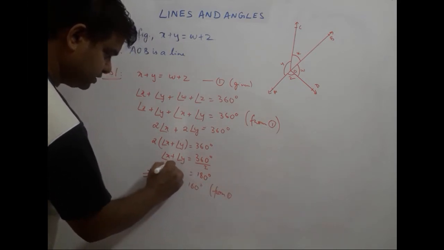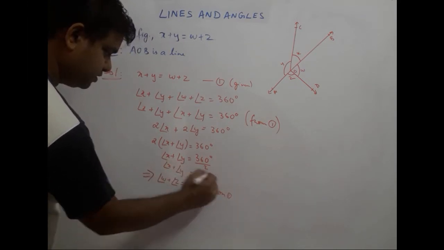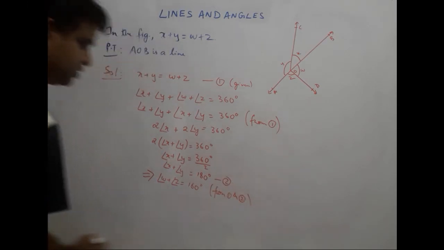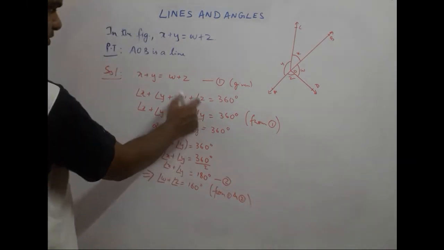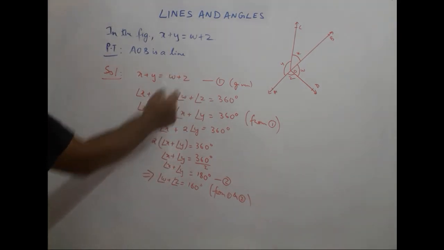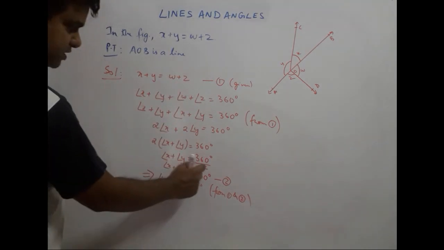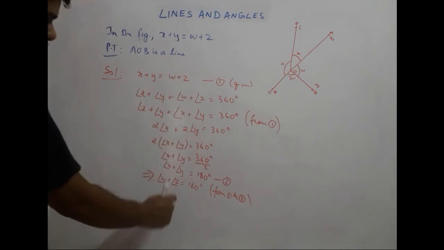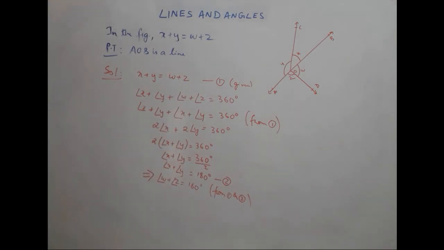We'll put this as 2, from 1 and 2, because x plus y is equal to w plus z, that is from 1, but we also know that x plus y is equal to 180 degrees. That means w plus z should also be equal to 180 degrees. Now that we have proved that both of them are 180 degrees, we can state the next part.